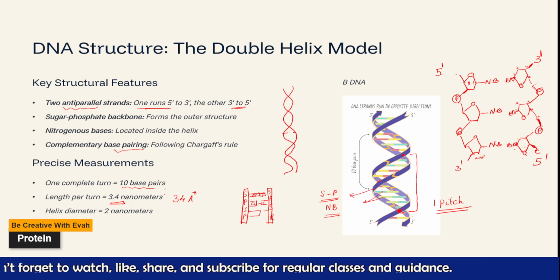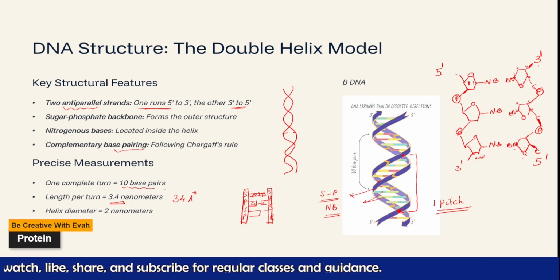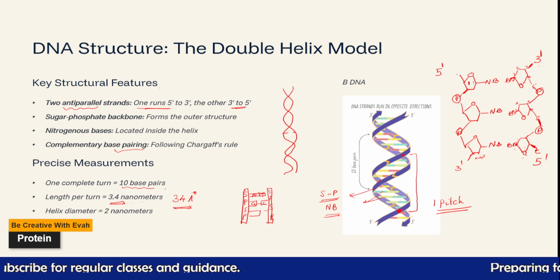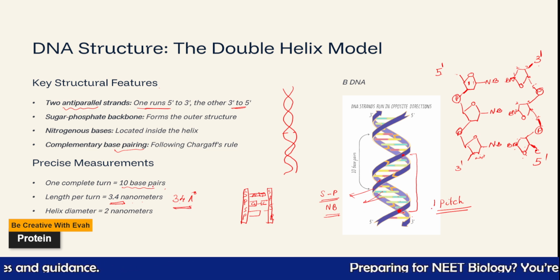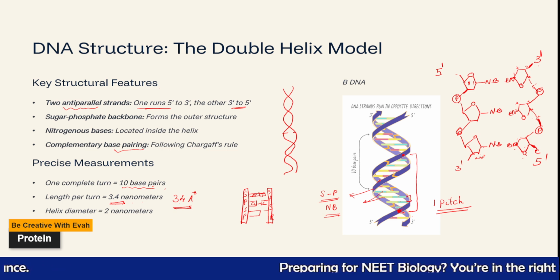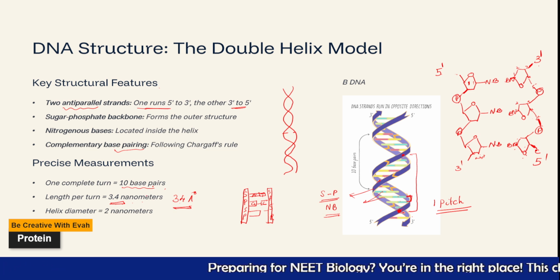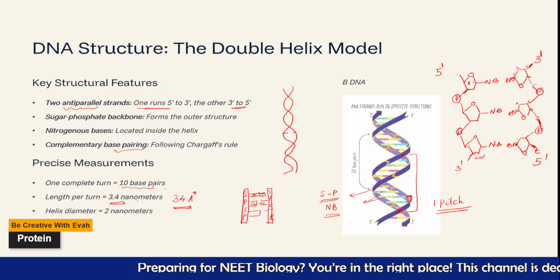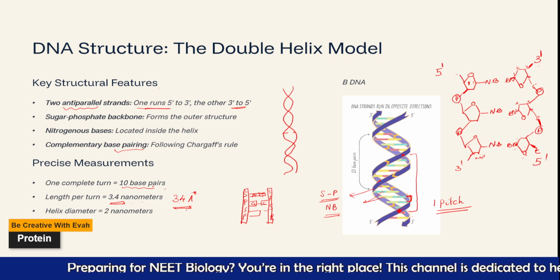So we know the complete one pitch is 34 angstrom and it consists of 10 base pairs. Tell me what is the distance between the adjacent base pairs. You know everything, the information I have given you. 10 base pairs, 34 angstrom.